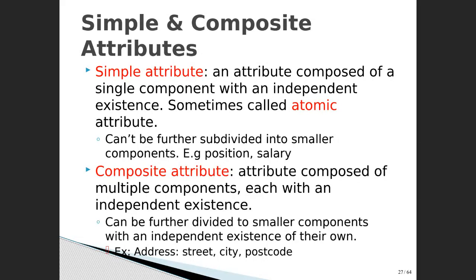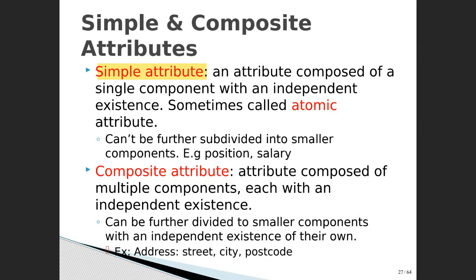This is a simple attribute, one single component with an independent existence. This is what we call atomic. Nice name, huh? So a simple attribute includes only one single component.